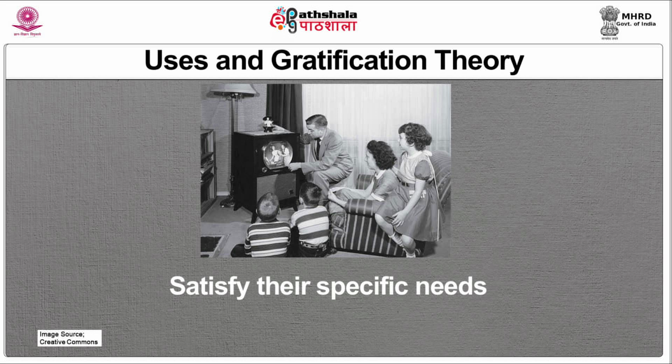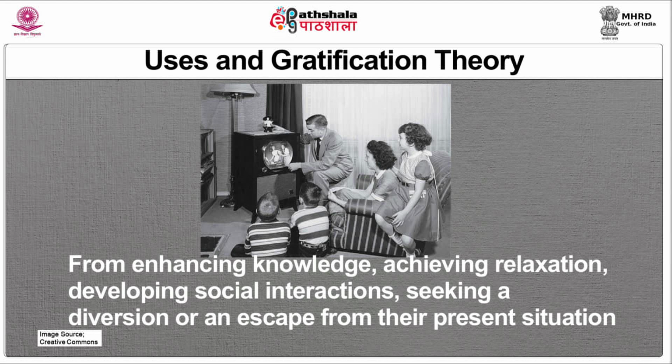These needs may range from enhancing knowledge, achieving relaxation, developing social interactions, seeking a diversion or an escape from their present situation. The theory explores media choices and consumption patterns of audiences and how it affects them.